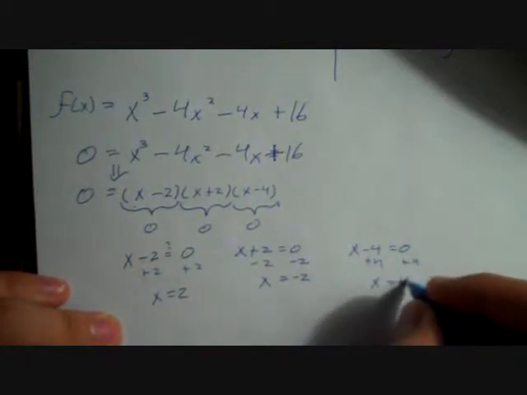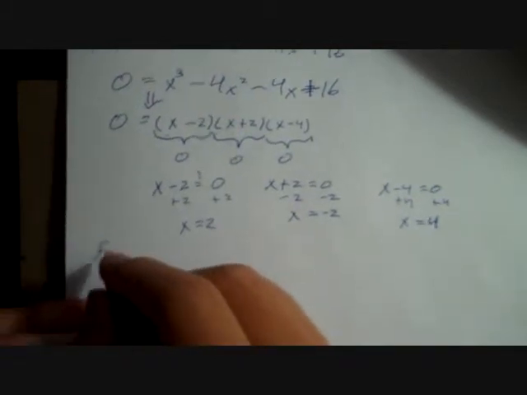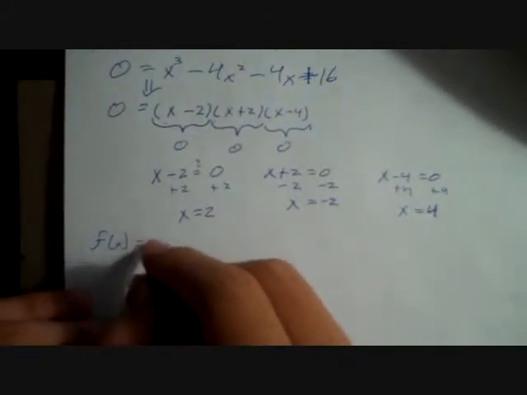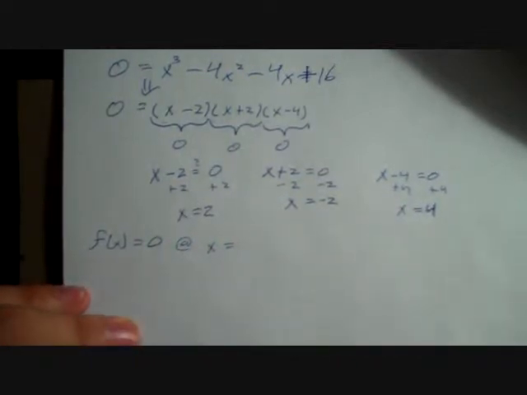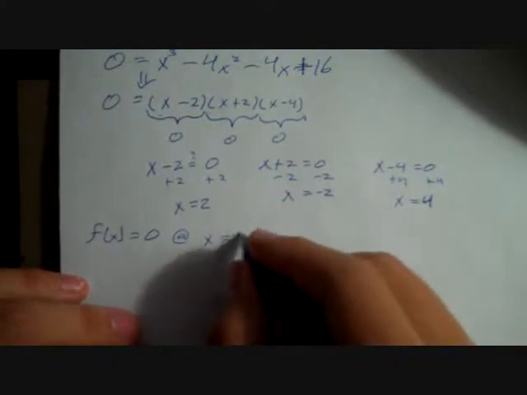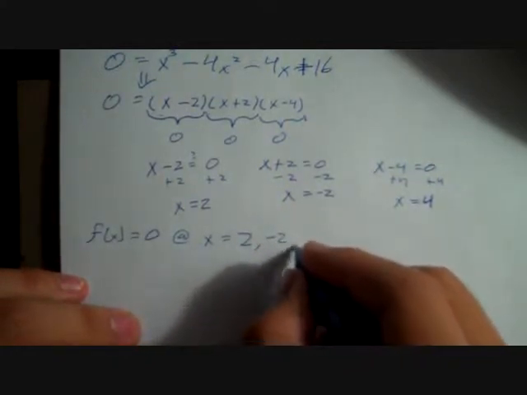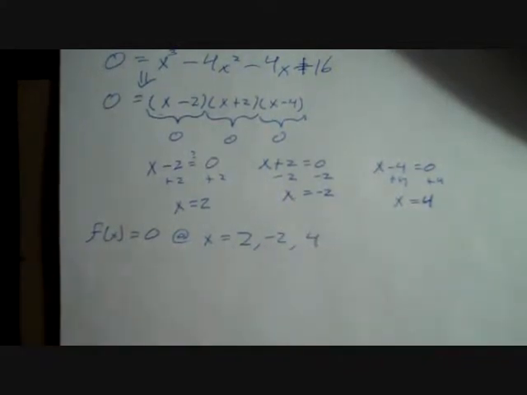At x equals 4. So we know that f of x is equal to 0 at x equals 2, negative 2, and 4.